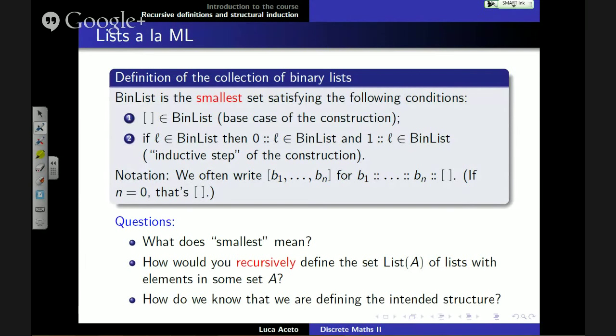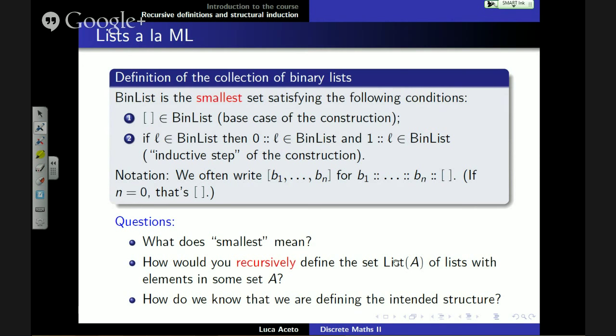Okay, so let me ask you to do something for me. I told you that we were going to play table tennis, and you're actually going to do exercises during the lecture. Suppose that I don't just want to define lists of binary digits, but I want to define lists of elements of some type A, which could be characters, integers, whatever.